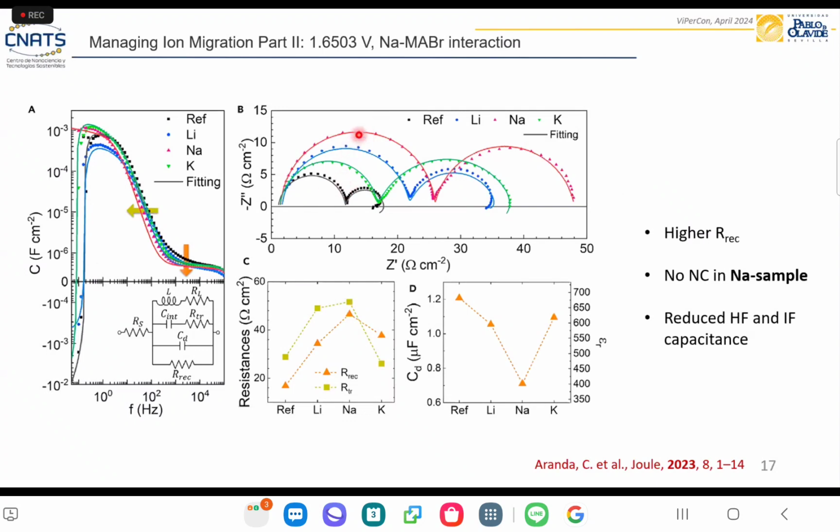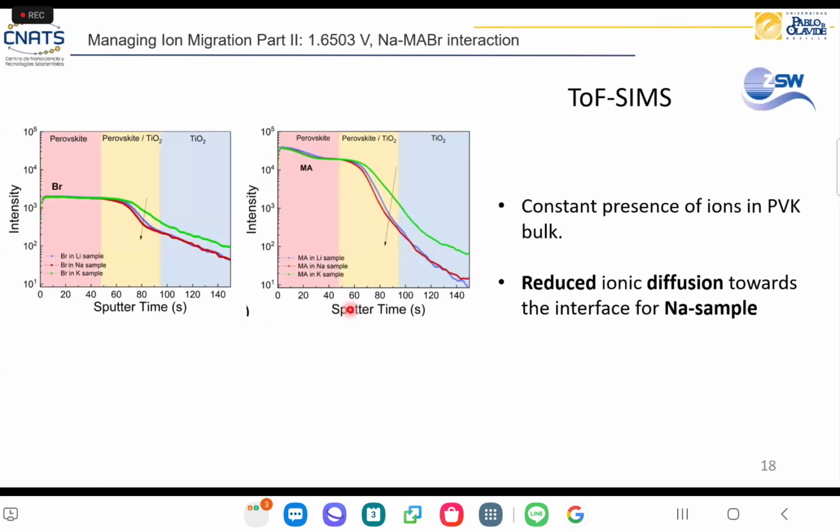But not only on the interface. If we pay attention to the first arc that I mentioned is normally correlated with bulk processes, we see that the recombination resistance is higher in the case of the sodium. So it means sodium is somehow slowing down the recombination processes also at the bulk. But still, we really need to know much more. Why is this happening?